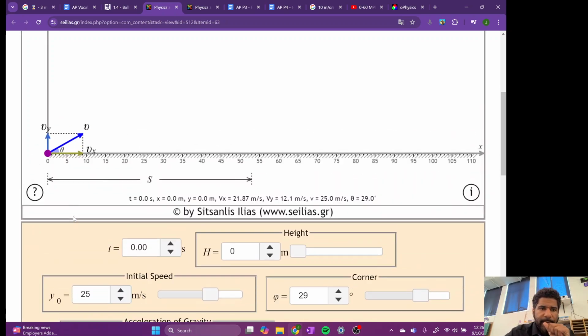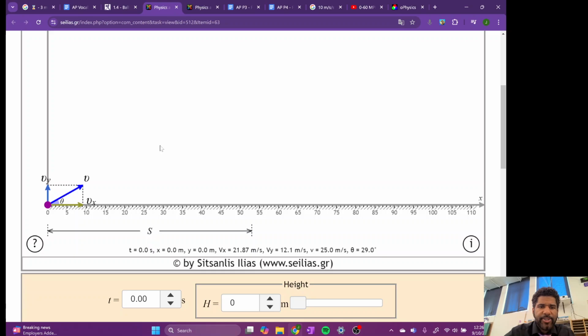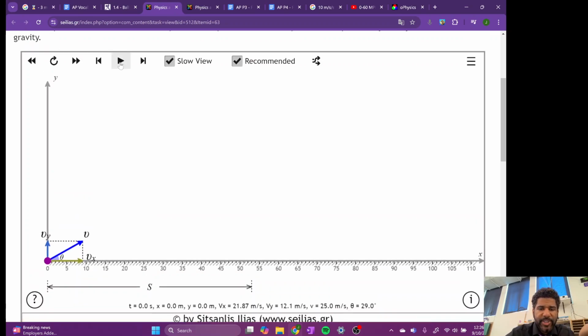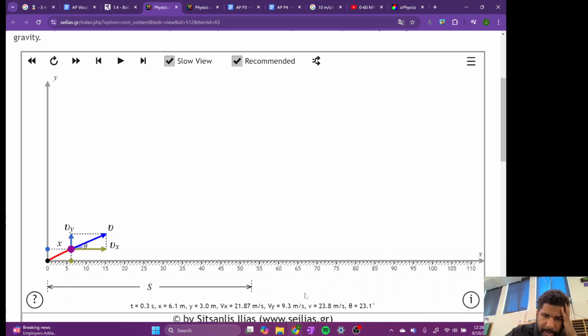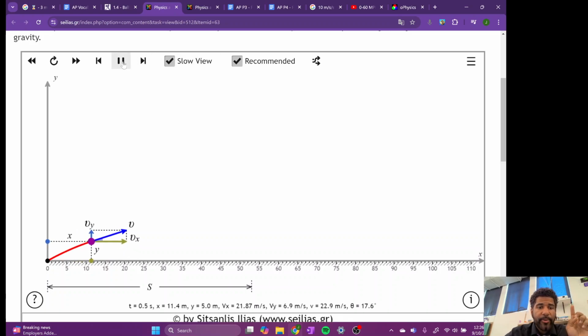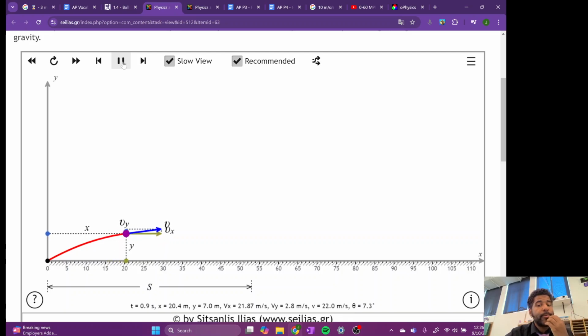If we launch this object, and let's use a height of, let's say, when the object gets to 2 or 3 meters. At 3 meters, we're going to say that the y velocity is 9.3 meters per second. The x velocity has not changed. We're going to keep it going, and it's going to go through its whole trajectory, and it's going to reach 3 meters again on the way down.